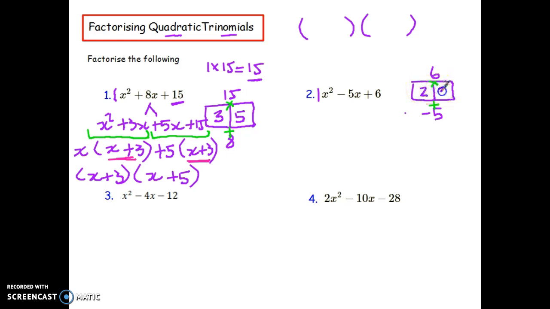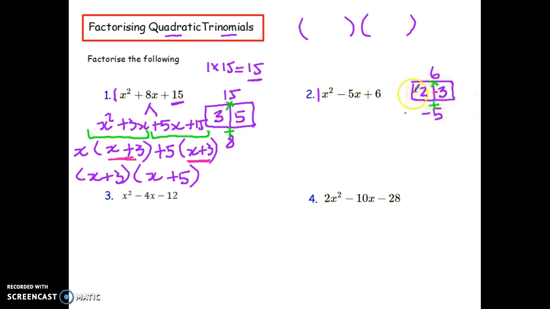Now, I think that 2 times 3 is going to be the best one. 2 times 3 is 6, but 2 plus 3 doesn't equal minus 5, it actually equals positive 5. What we need to do is put a minus on both of those. Minus 2 times minus 3 is plus 6, minus 2 take away 3 is minus 5.